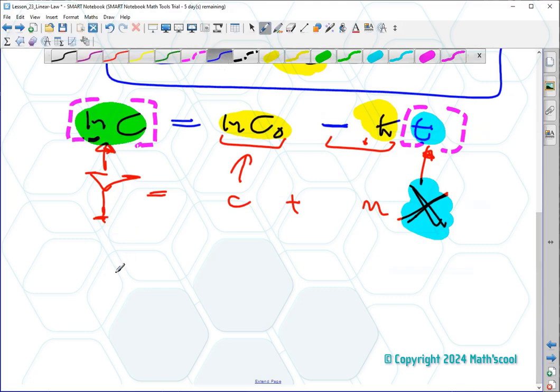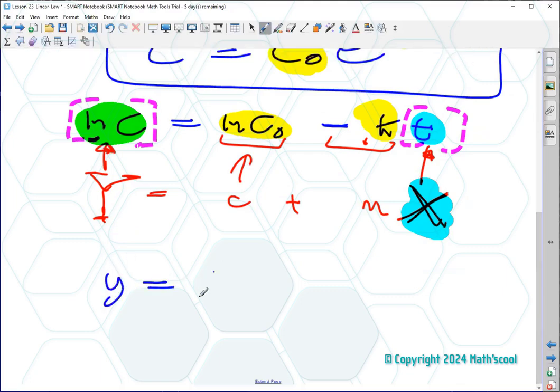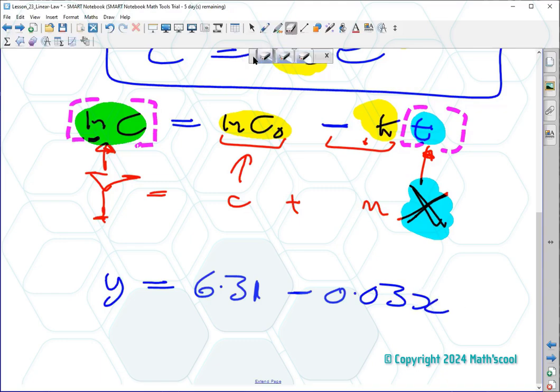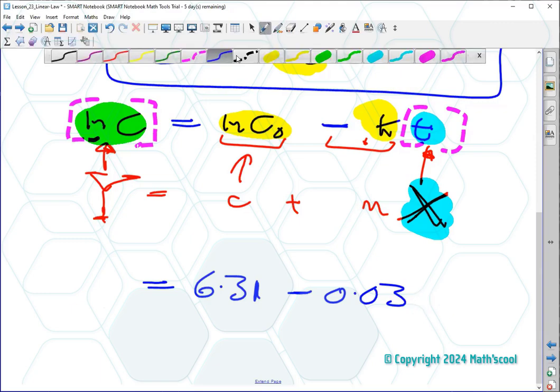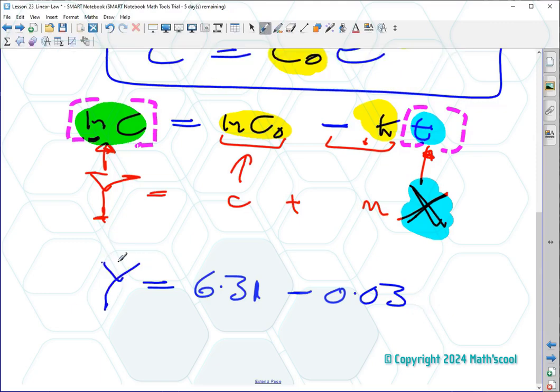So it gives me y equals 6.31 minus 0.03 x. Hold on, using capital Y and capital X. But hold on, capital Y stood for ln C.